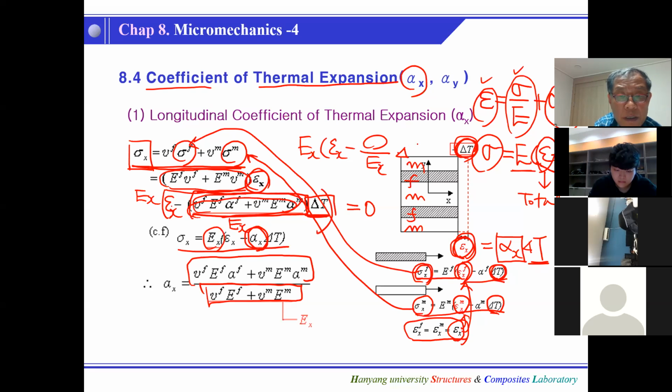And then delta T. And by definition, this is what we call alpha X. So alpha X is given like that.